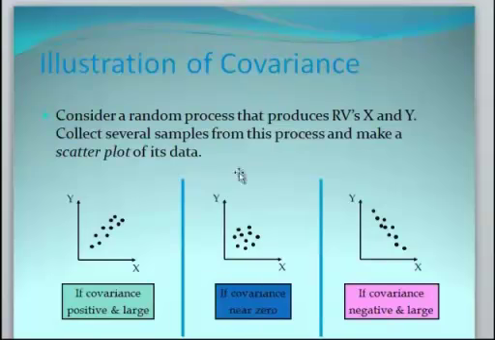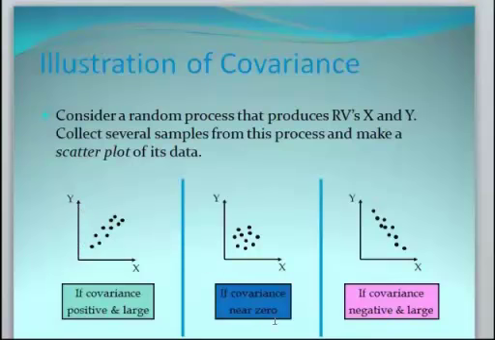So if you consider a random process that has these random variables x and y, you collect several samples from the process and make a scatter plot. If the covariance is positive and large, you're going to see something that looks along these lines, right? You know that as you're generally increasing x, you will generally see an increase in y.